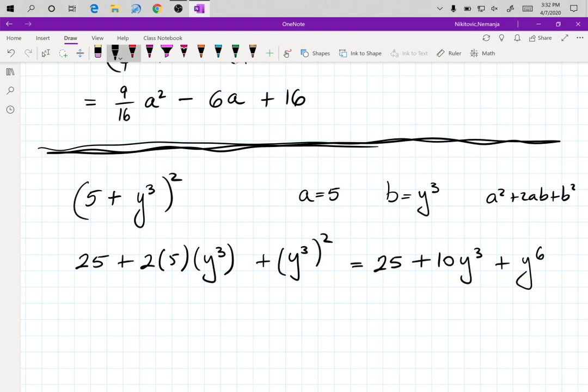We learned in 5.1 that when you have exponents, they multiply. So 3 times 2 is 6 on y. This rule was in 5.1.